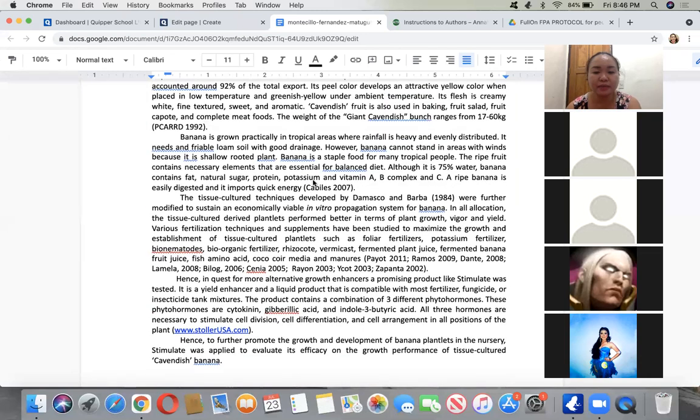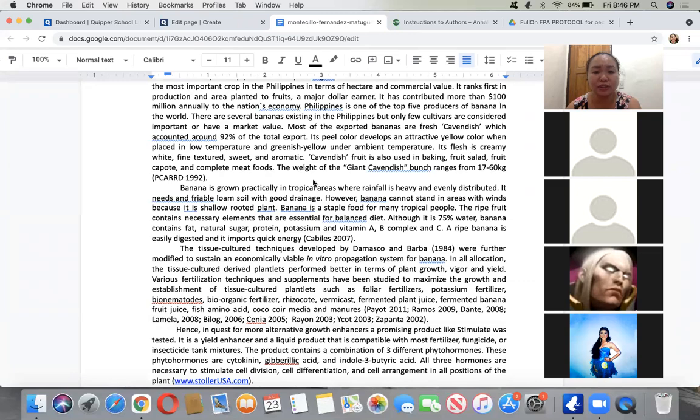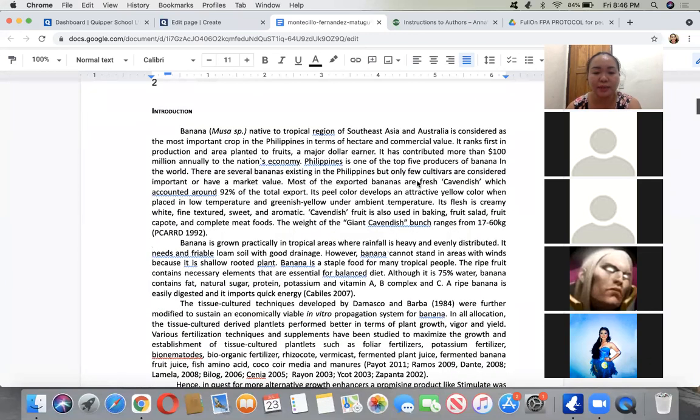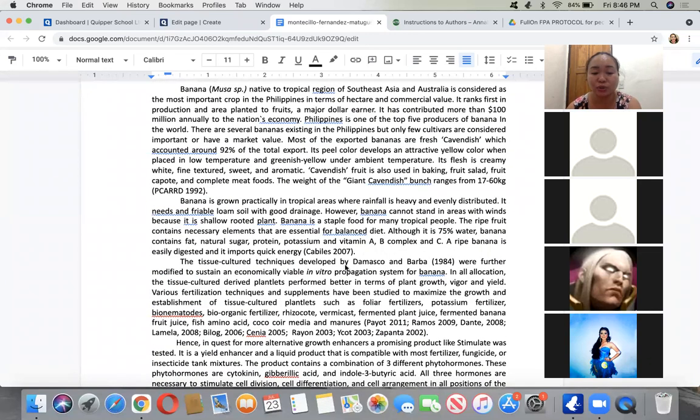And another paragraph that you're going to introduce because you use tissue culture Cavendish banana. So you need to mention why tissue culture Cavendish banana. It is what we use as a faster and more practical means of propagation.